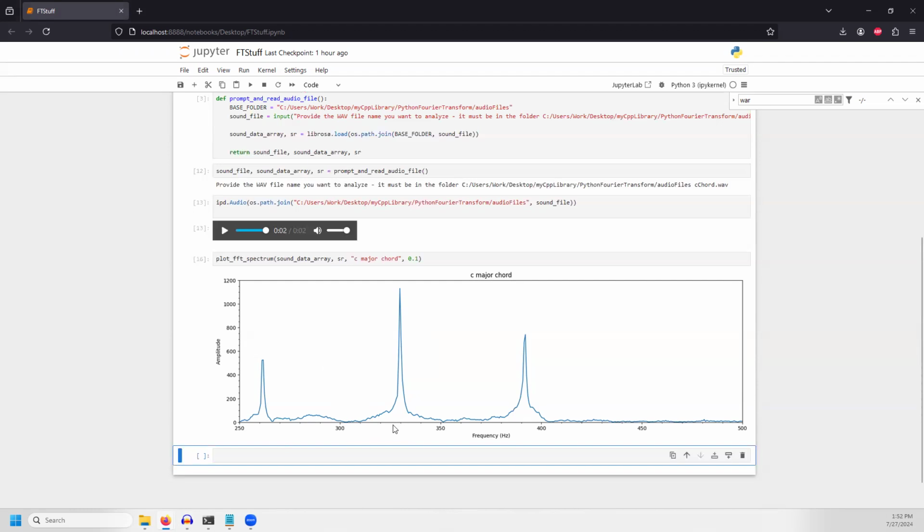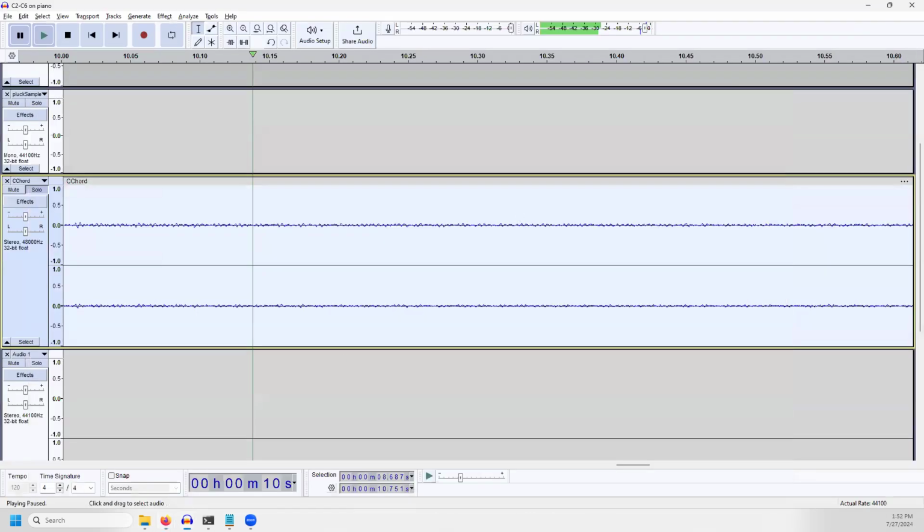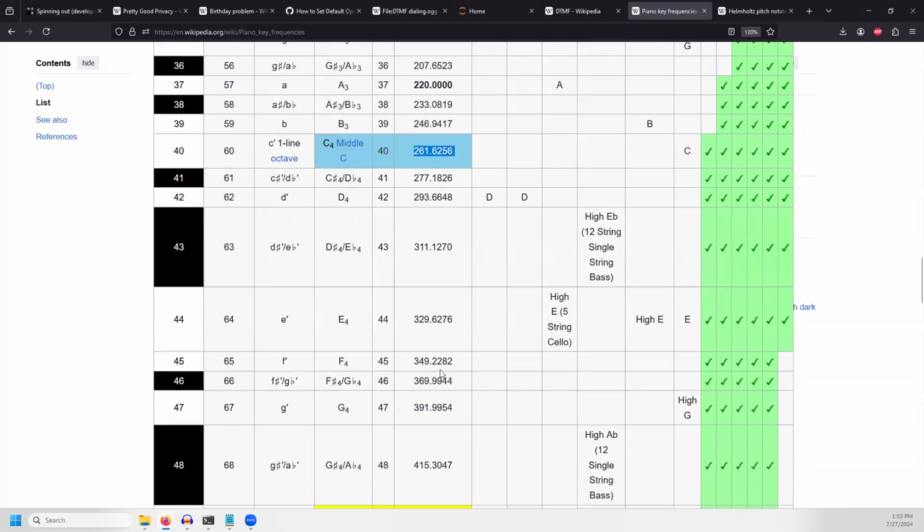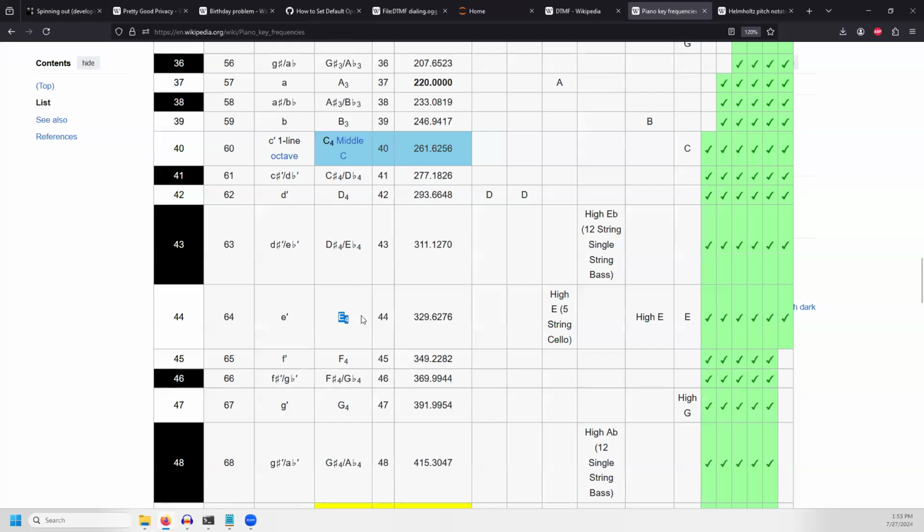And then 330-ish. So 330. That should be the note E. 330, right on it. E4 is 329.6.